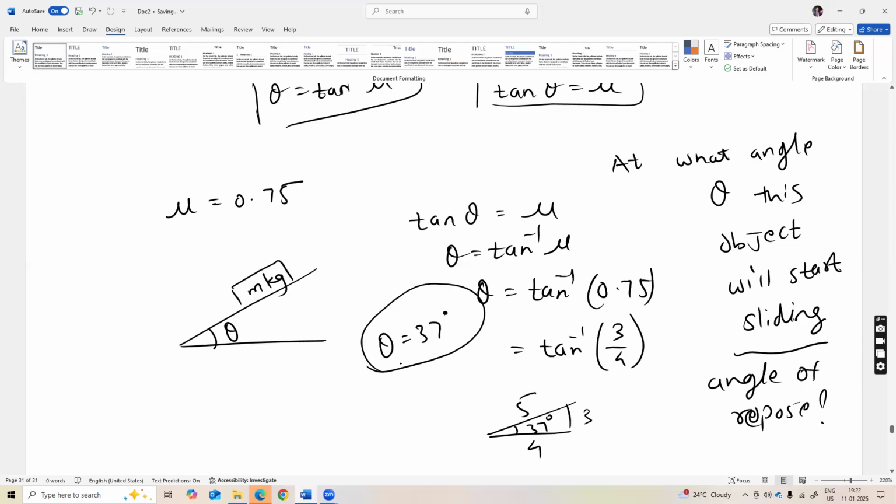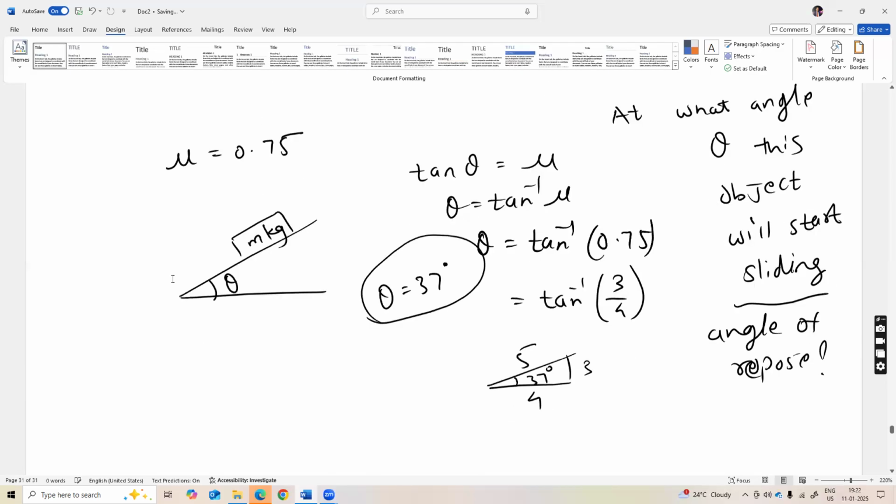The other method to find this is, you know that this is the mass, and there is a component of weight acting in this direction, that is mg sin theta. The normal reaction is mg cos theta, so the limiting frictional force is mu mg cos theta.